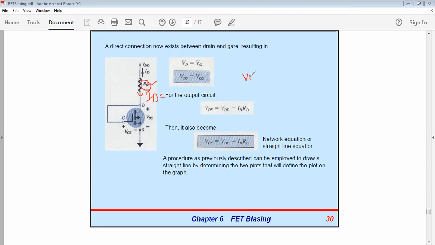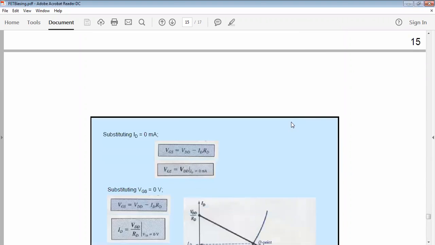ID is equal to VDD minus VD by RD. VDD minus VD by RD, right? This is about drain to gate feedback biasing, right?